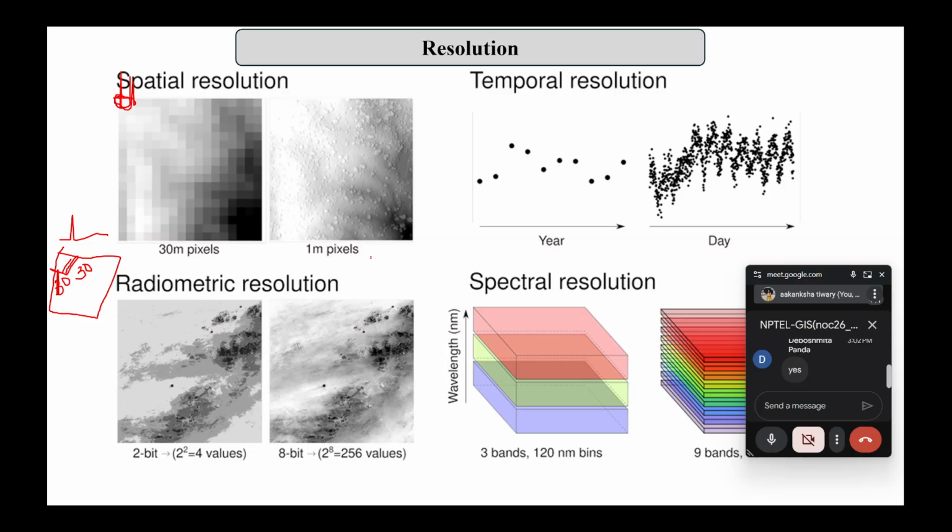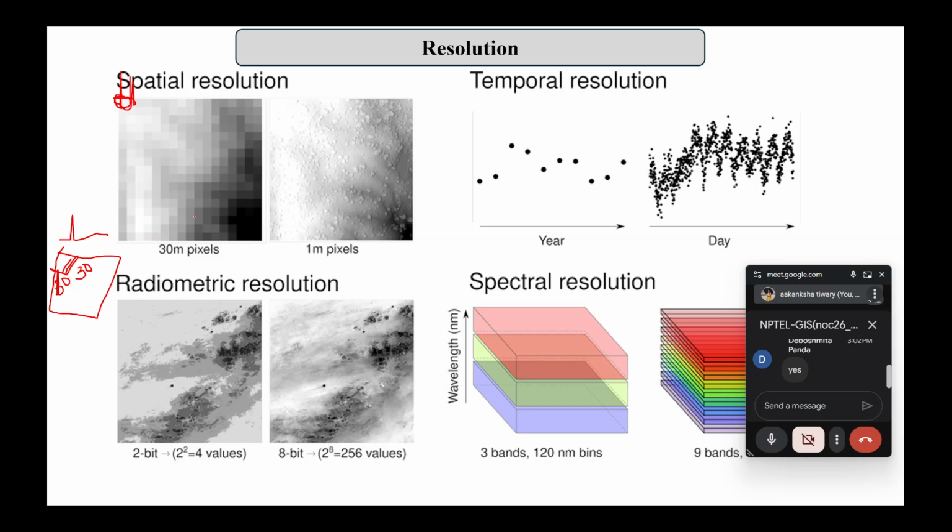Suppose this particular image has a pixel value of 1 meter. That means it will represent 1 by 1 meter on land, so it is going to give you more information compared to the other one.